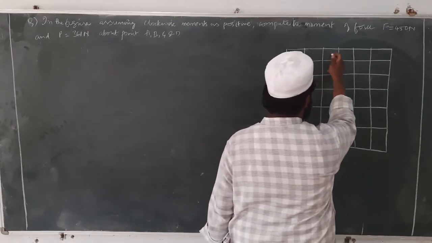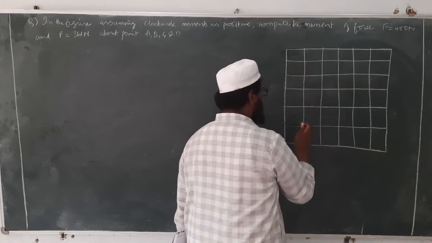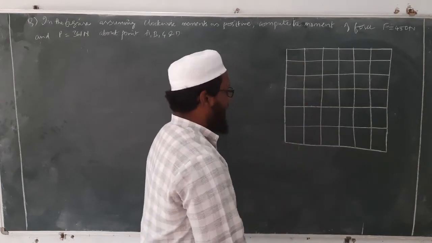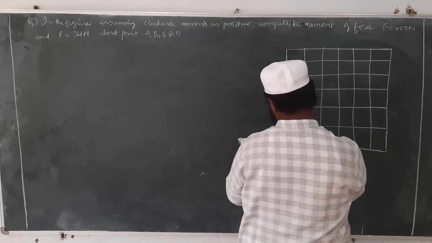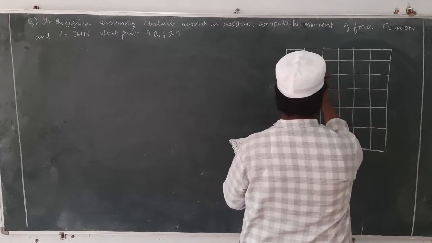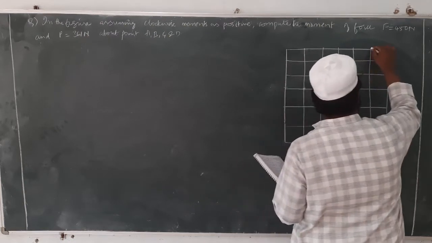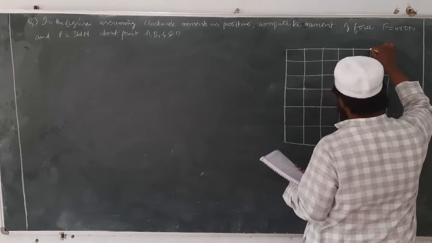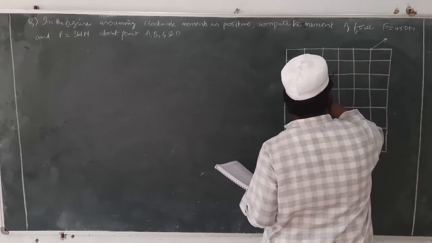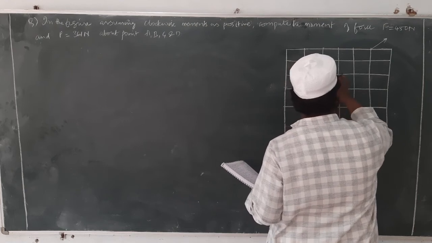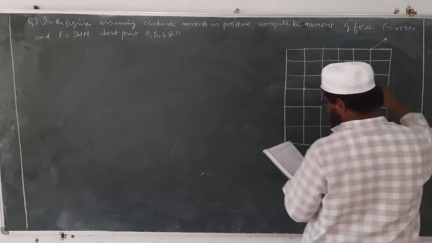So we have 1, 2, 3, 4, 5, 6 boxes here and 1, 2, 3, 4, 5, 6 boxes here. Okay, and one force is acting here. At this particular point, the force is projecting and it is coming out over here, this force F. So what is this force?